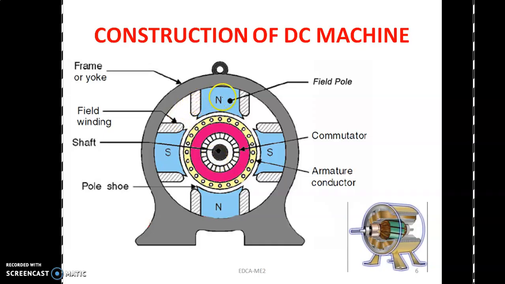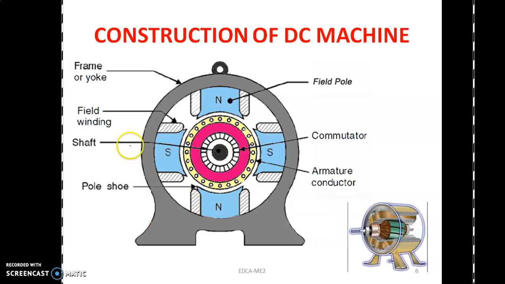In a DC machine, the stationary part is the field system, the magnetic field, and the rotating part is the conductor. There is not only a single conductor but a conductor assembly, and this part is called the armature. So the main parts of a DC machine are the field system and the armature.